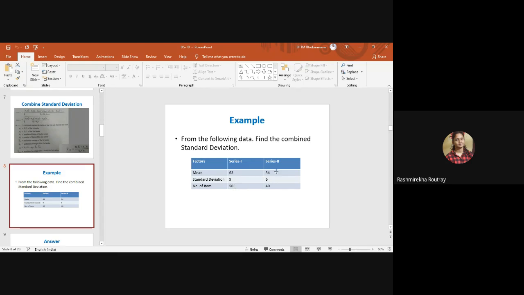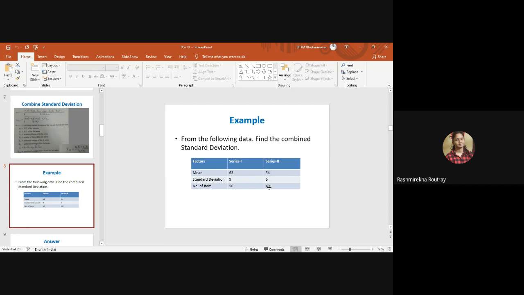Similarly, for the second series, x2 bar, the average of the second series, is 54, sigma 2 is 9, and n2 is 40. The formula is given in the previous slide.